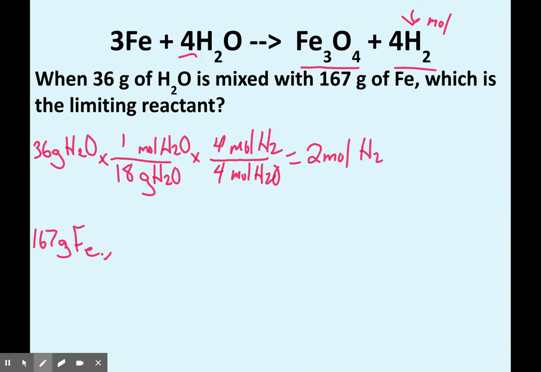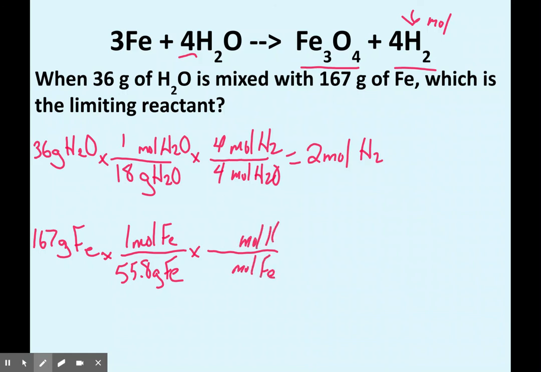Then on the bottom, again, we're going to take it to moles of H2. So grams of Fe on bottom, and Fe's mass is 55.8. So 1 mole of Fe, moles of Fe, 2 moles of H2.